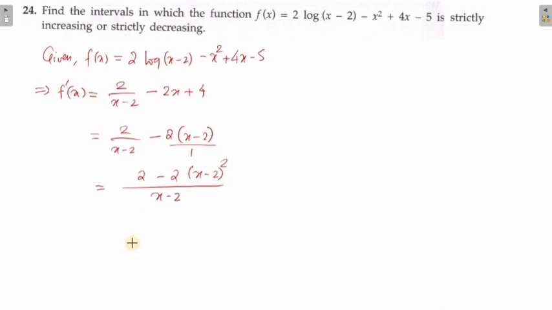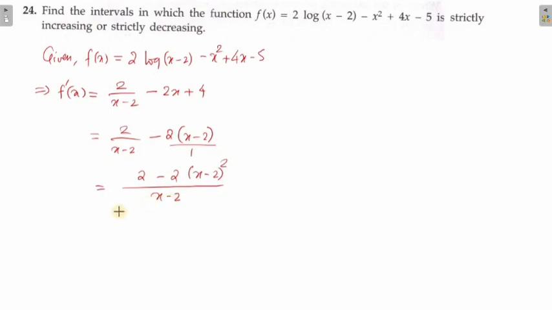Now, in order to find the critical points, see here carefully, we will factorize the numerator, because in the denominator we just have a linear factor, and from the denominator it is clear that x cannot be equal to 2.